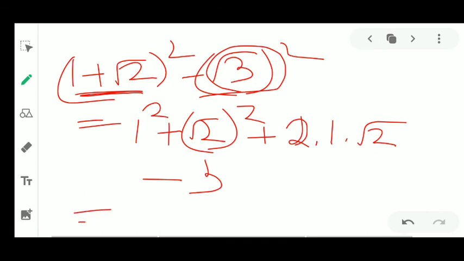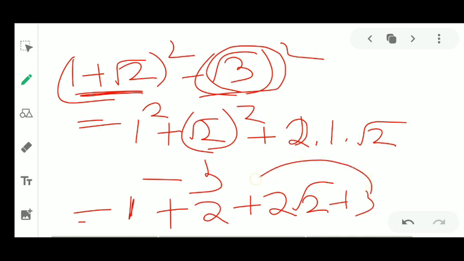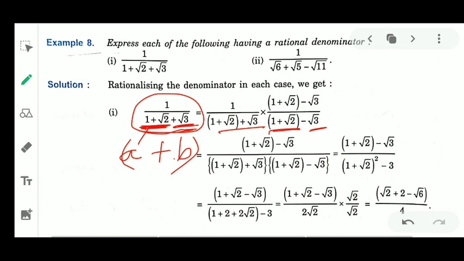1 squared is 1, plus root 2 squared, and root 2 will be cancelled, 2 plus 2 into root 2, then we have 3. So 3 plus 2 is 5, 5 plus 1 is 6.